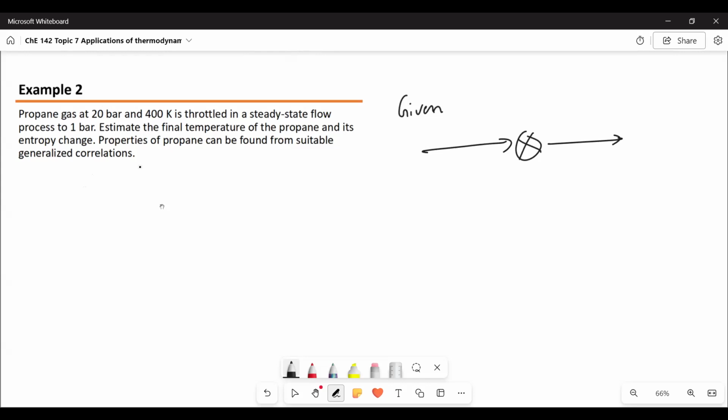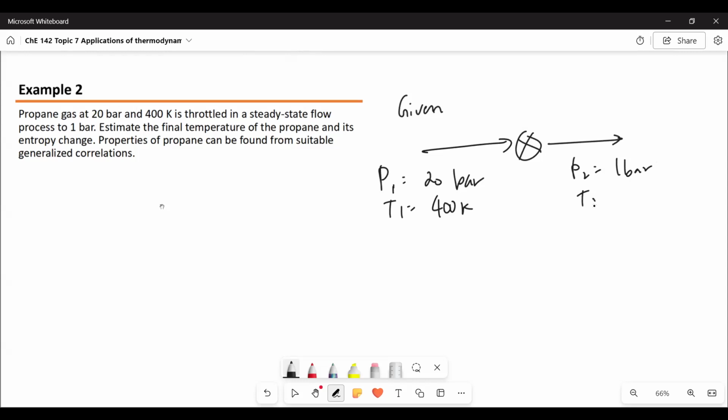So let's see. The pressure at the inlet is 20 bars and the temperature is 400 Kelvin. And then at the exit, it is 1 bar.